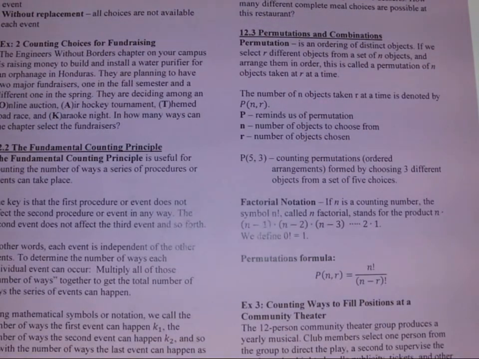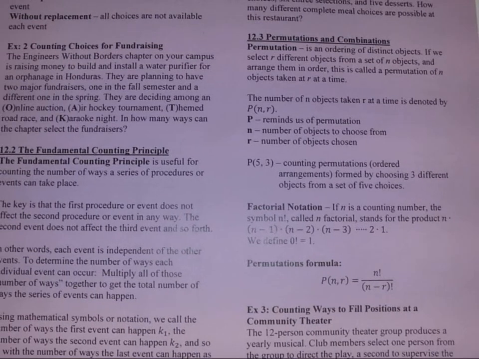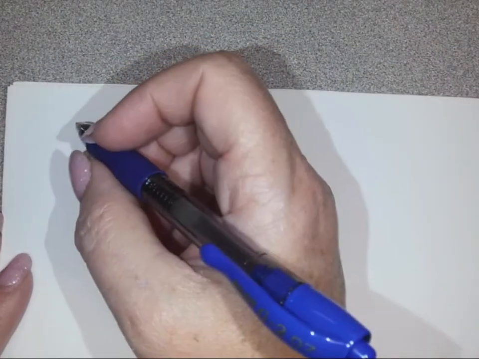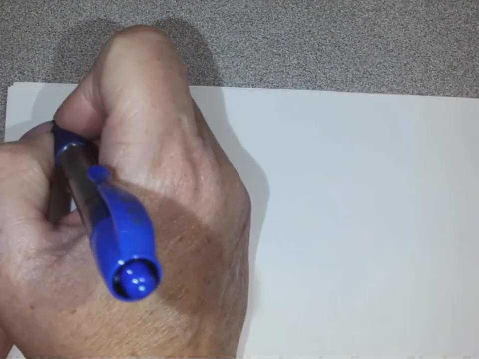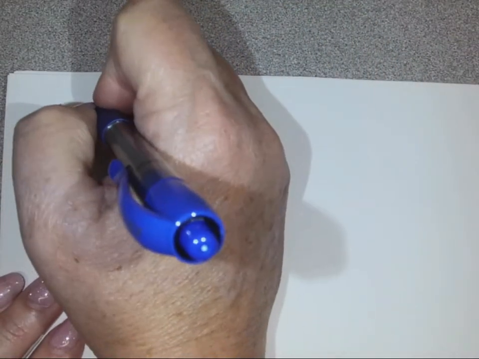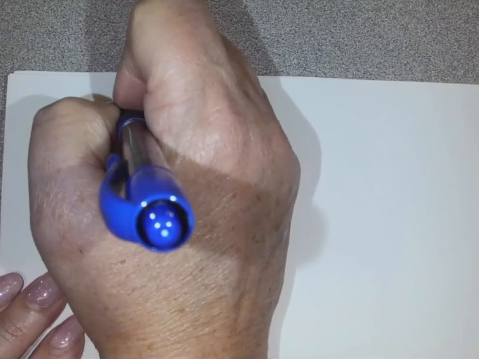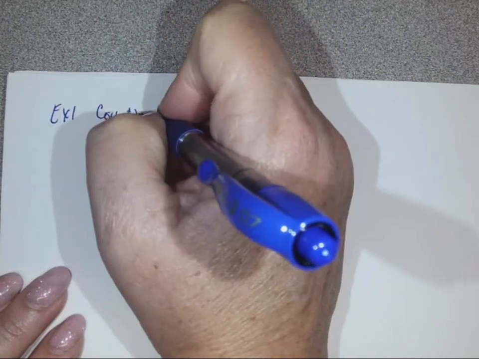So let's go look at, remember, we're going to use the fundamental counting principle in this. So let's look at example 1. We're looking at counting permutations.